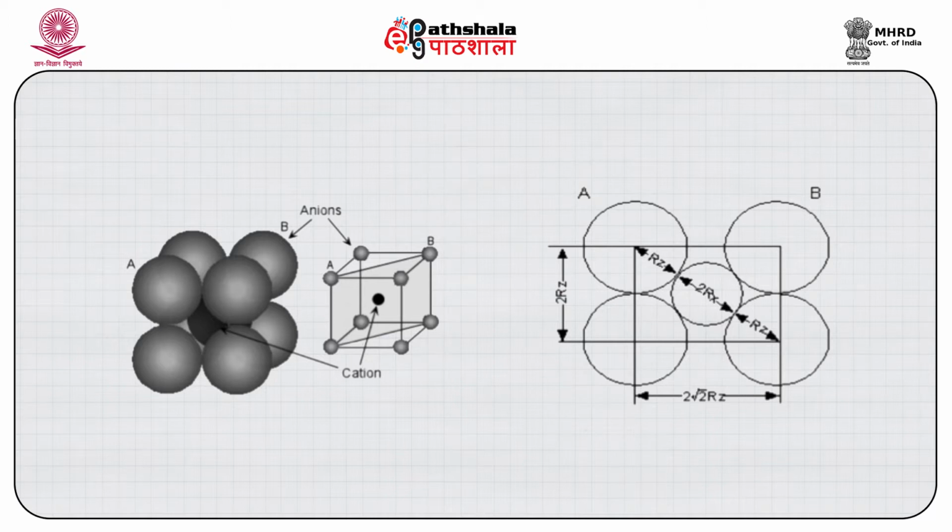So, the radius ratio of the cation and anion determines how many-fold coordination, that is the environment around a cation, will occur. By applying the same principle, we can arrive at 6-fold coordination, which is also known as octahedral coordination, also at 4-fold coordination and other lower coordinations, and this implies that the radius of the cation will be comparatively lower.